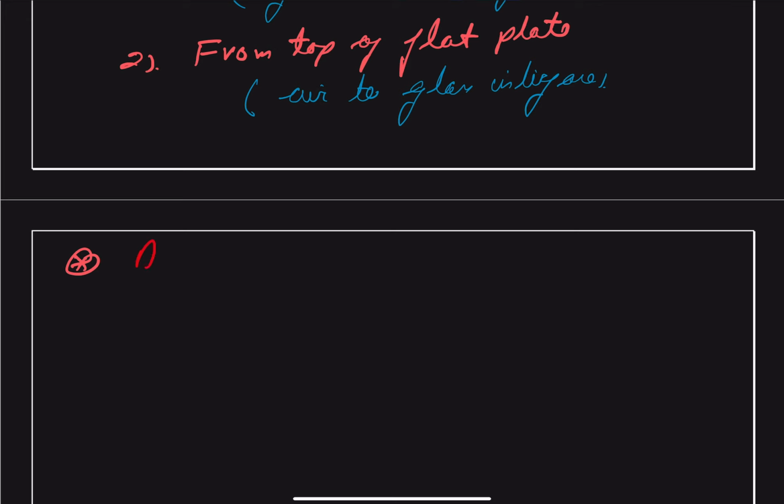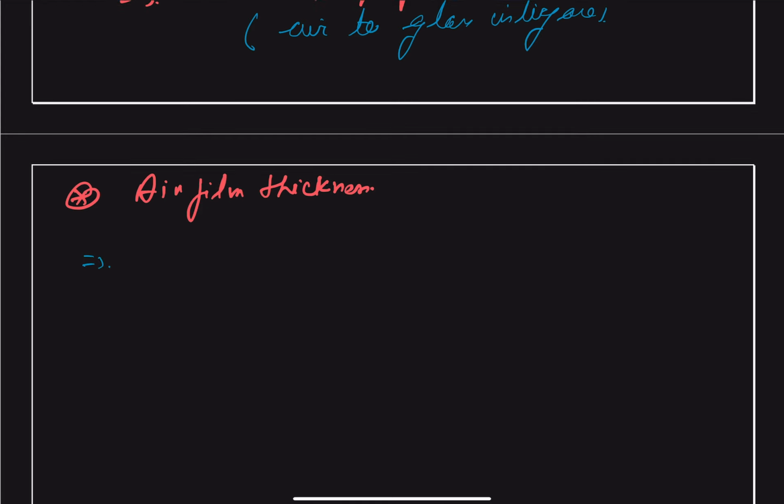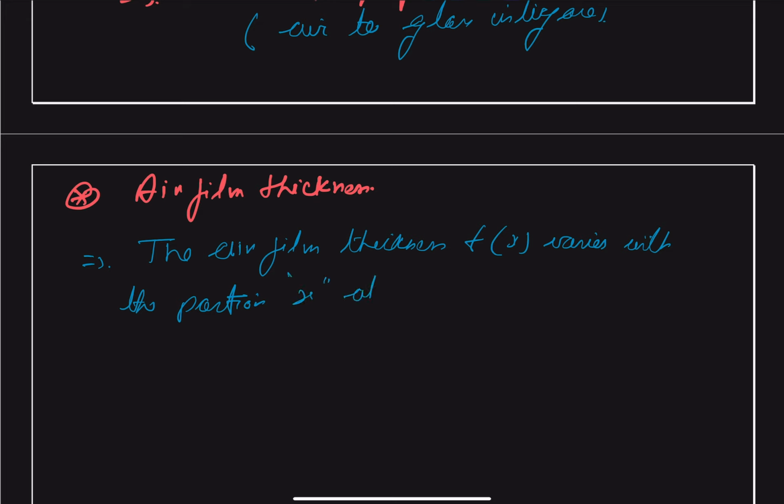You can write that the air film thickness, let us put that as T of x, varies with the position x along the flat plate.